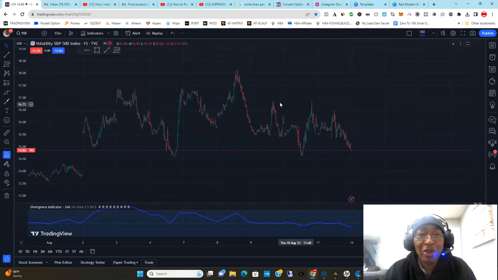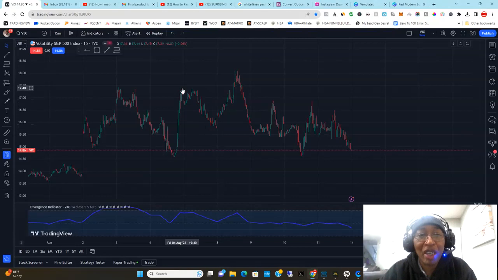So first, you got to assess the chart and see if you can get an opportunity to draw a triangle. And the triangle, basically, a triangle has two lines. There's an upper line and a lower line. So you have to draw the upper line first, or you can draw the lower line first. It doesn't matter. The only thing is that the upper line has to be before the lower line.